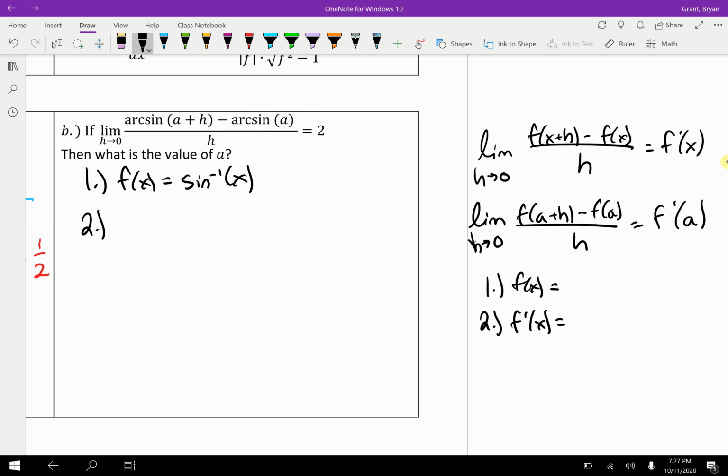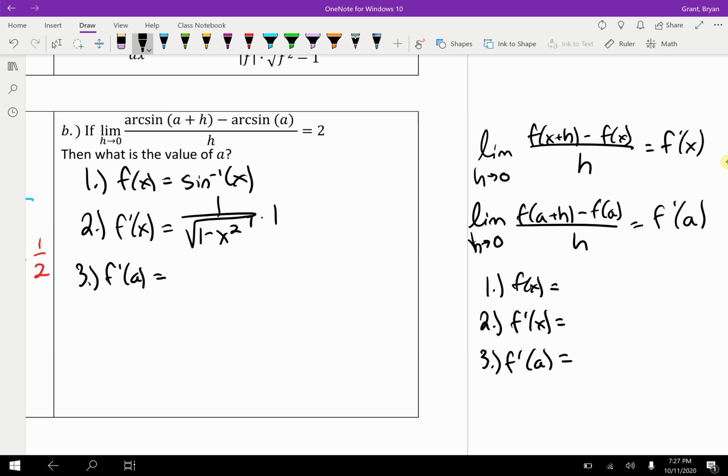Well, we know that f prime of x is the derivative of inverse sine, which is 1 divided by the square root of 1 minus x squared times 1, but we don't really need that. And then last step, we need to figure out what is f prime of a. Well, in this case, f prime of a is 1 divided by the square root of 1 minus a squared.